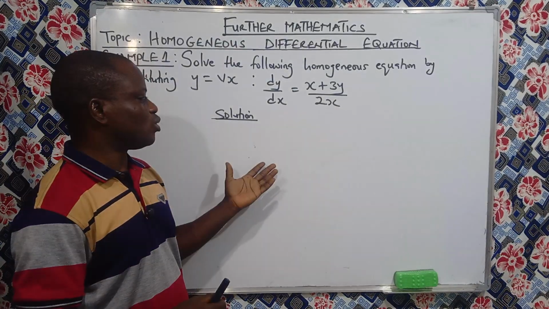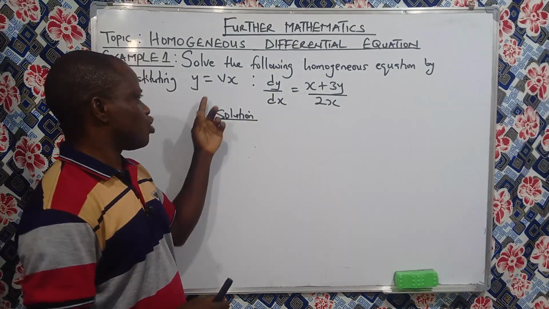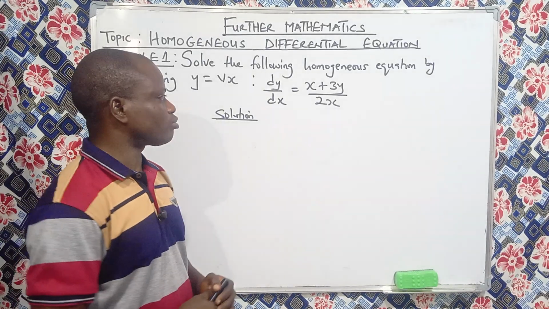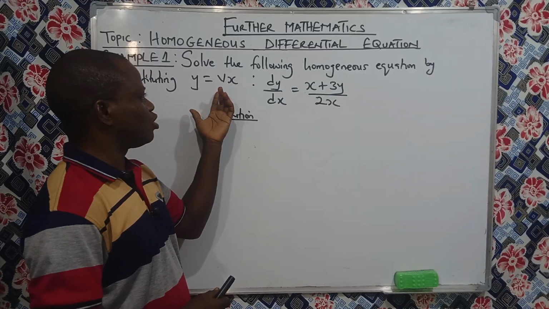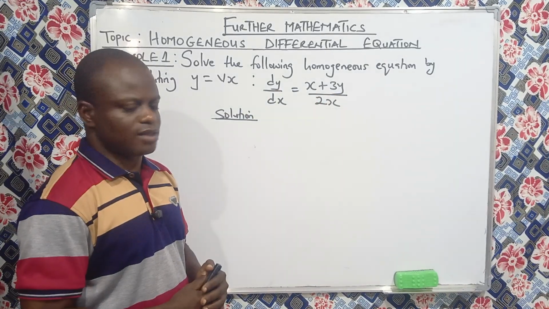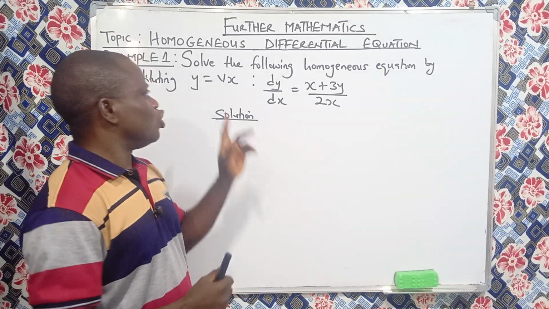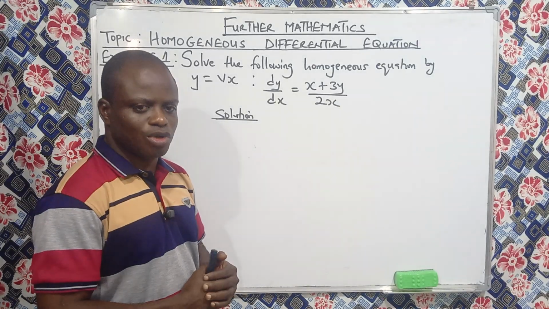But we are going to get to that point of separating the variables when we substitute y equals vx in the equation. Also know that when you are solving a problem like this by substitution, anywhere you see y, you introduce vx. V is a function of x. You now differentiate y with respect to x using the product rule.